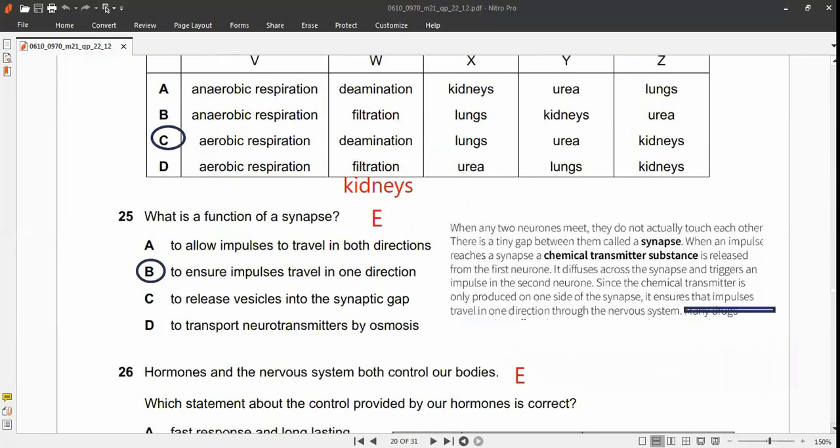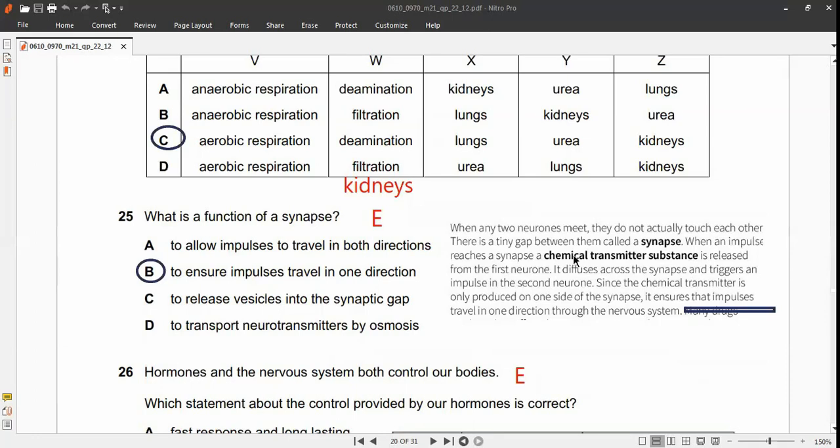What is the function of synapse? When any two neurons meet, they do not actually touch each other. There is a tiny gap between them called the synapse. When an impulse reaches a synapse, a chemical transmitter substance is released from the first neuron. It diffuses across the synapse and triggers an impulse in the second neuron.